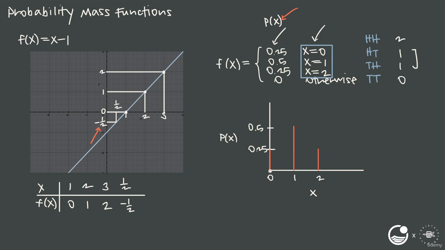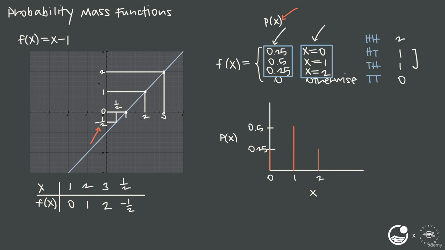And then for each of those values, 0, 1, and 2, we would find the corresponding probability and we would set up these pieces. And then we would just say f of x is equal to, we'd have our open brace here, and then our 3 scenarios defining the probability for each possible value of the discrete random variable. So we should be able to move back and forth between this algebraic representation and this visual graphical representation.